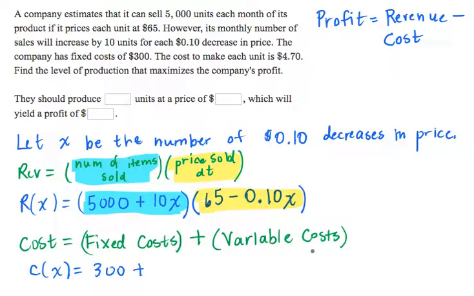So the variable costs are $4.70 per item times the number of items being produced, which is also 5,000 plus 10x. So from here, you can put revenue and cost together to write a profit function, which you can then maximize.